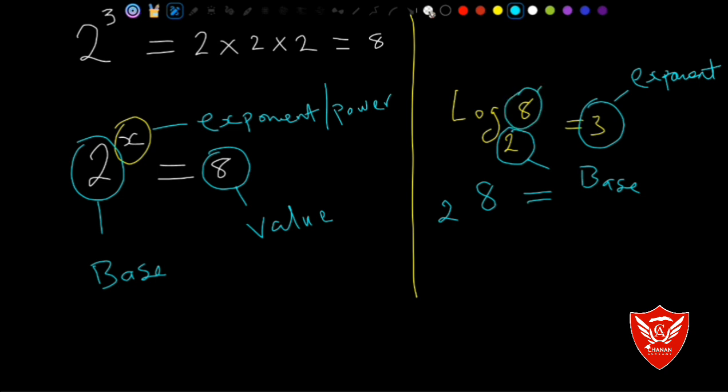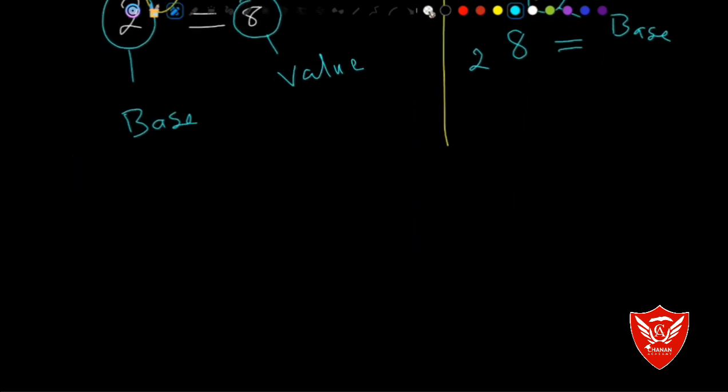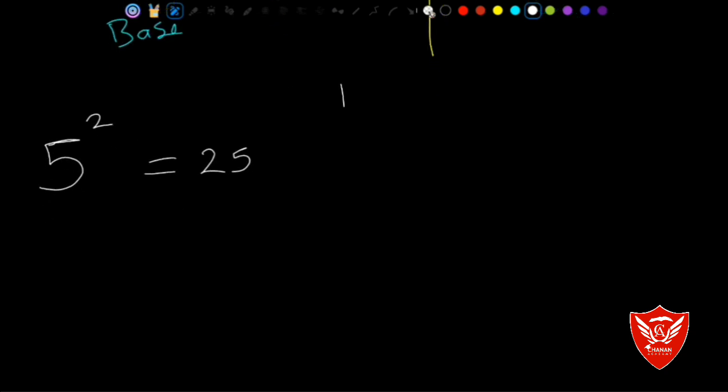And this also is the value. Alright, so let's take an example to see how it works. Now, if we have 5 raised to the power of 2, this is going to give us 25. For logarithm, we can have log of 25 base 5. What we are asked is for us to get the exponent, and the exponent is going to be 2. So that is the relationship between the logarithm and indices.